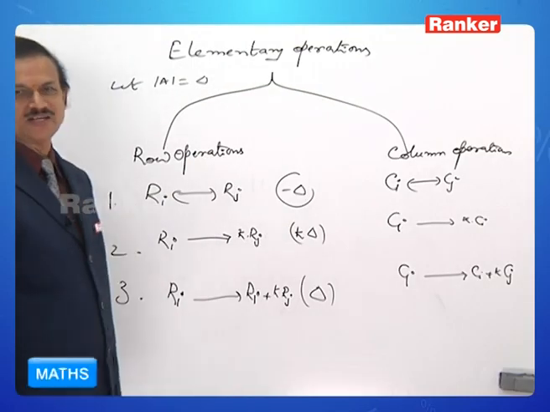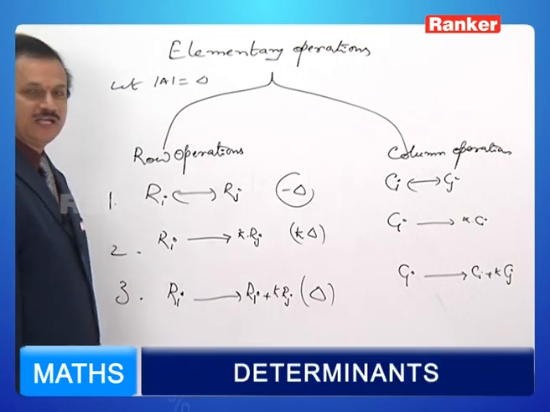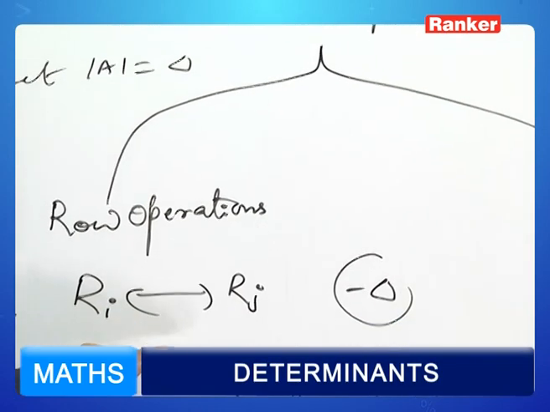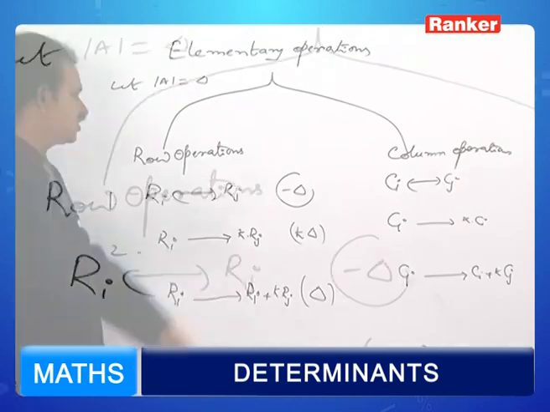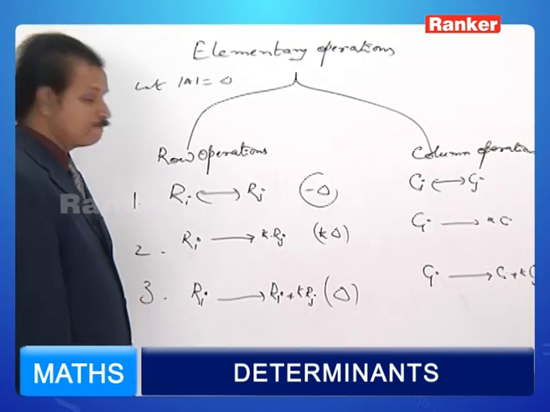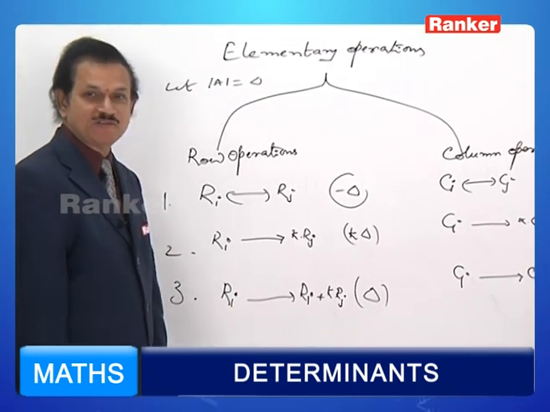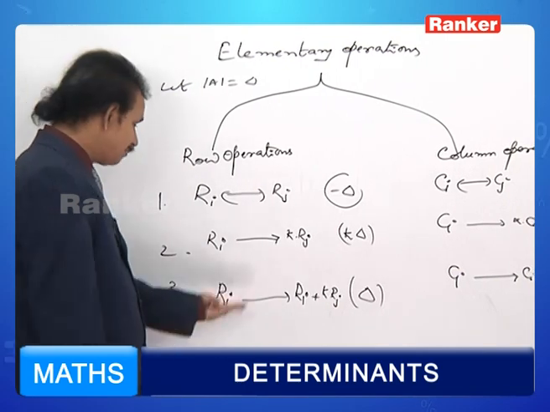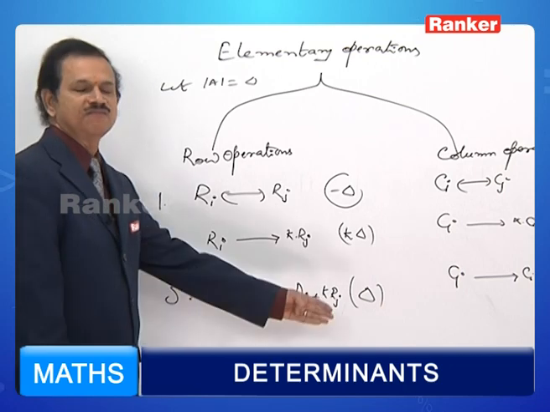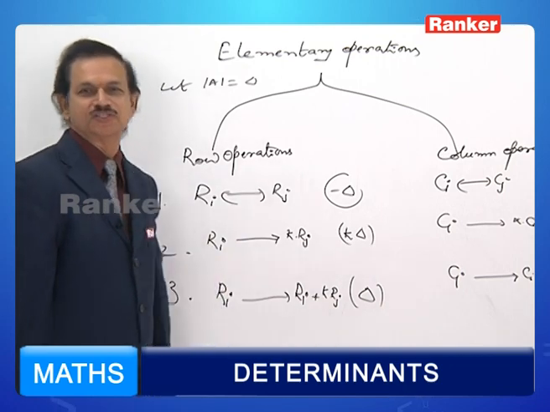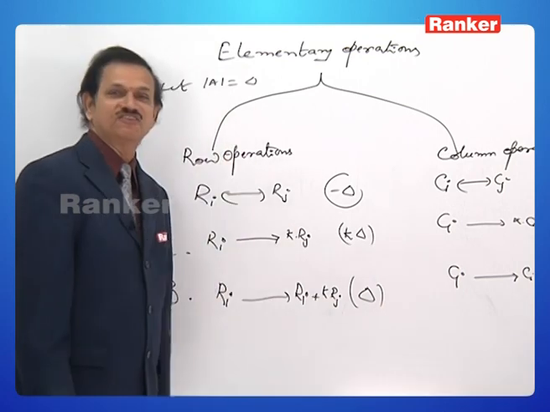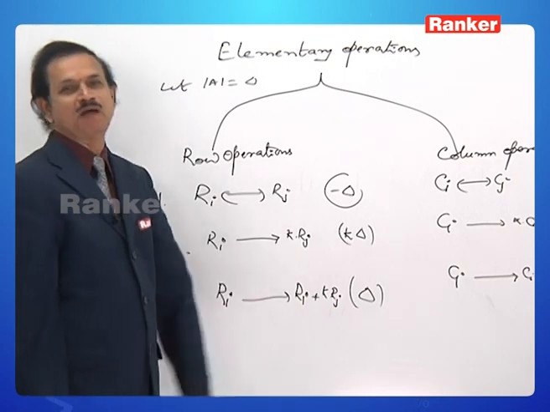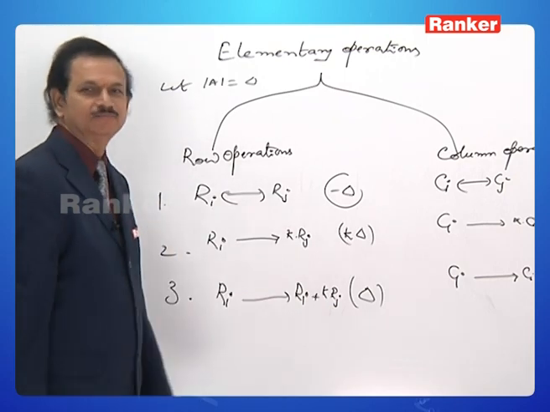Let A be a square matrix and determinant of A is equal to delta. If you perform this operation, what happens to the determinant? Minus delta. If you apply this operation, what happens to the determinant? K times delta. And if you apply this operation, there will be no change to the value of the determinant. It remains unchanged. This is the next property we would like to learn.